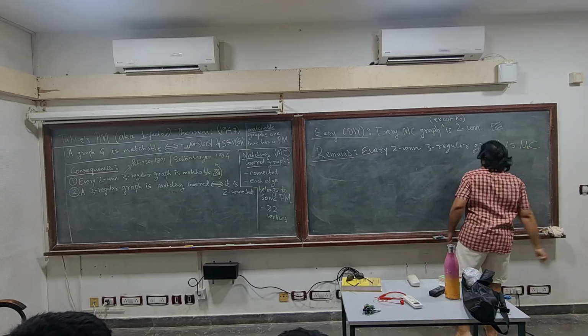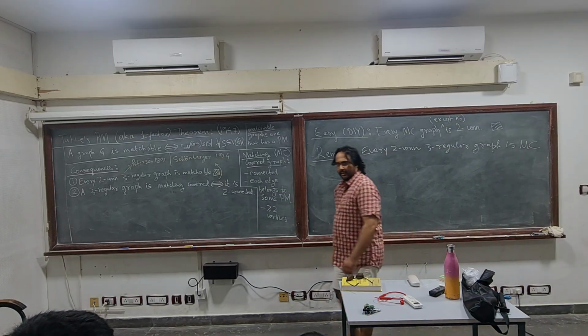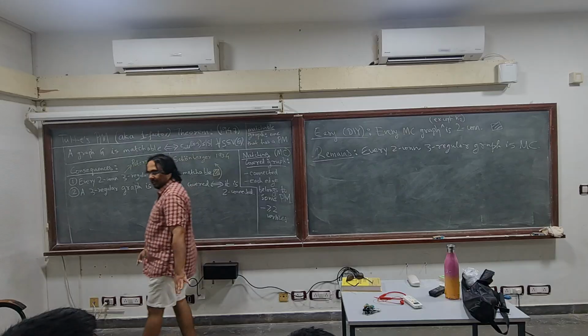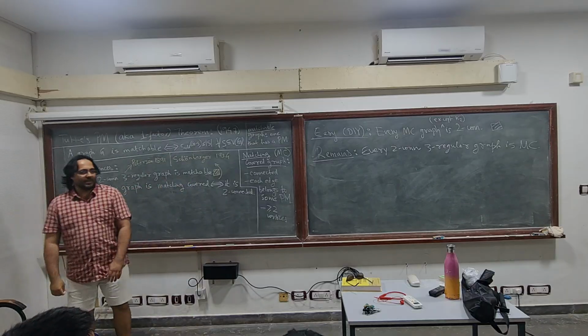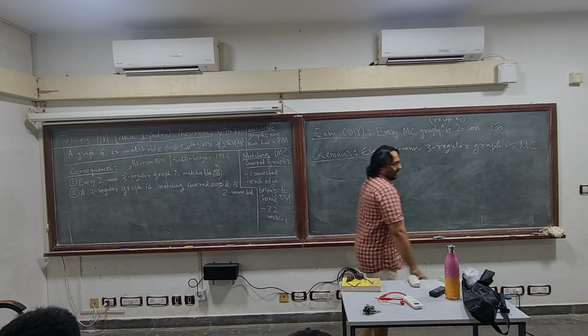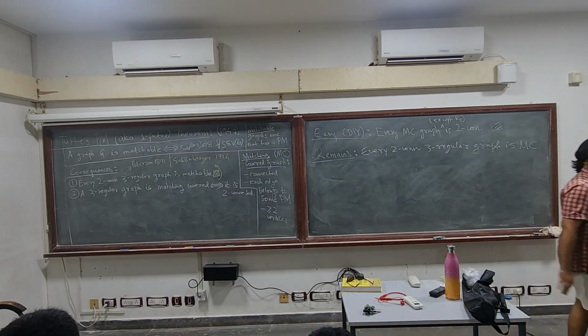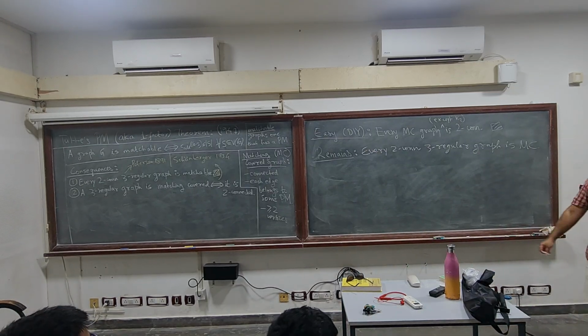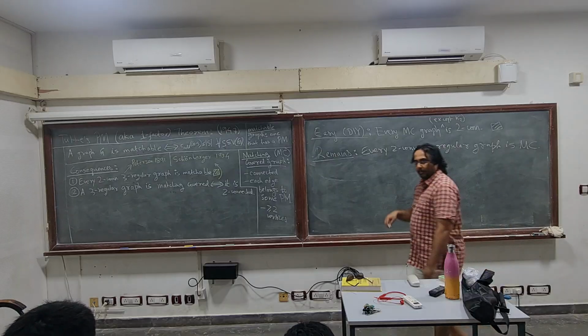So the only thing that remains is to show that a two-connected three-regular graph is matching covered. We know it is matchable. So maybe we should try to understand when a connected matchable graph is matching covered. If we can understand this, then we should be able to answer this, following the same thought that Tutte probably followed.